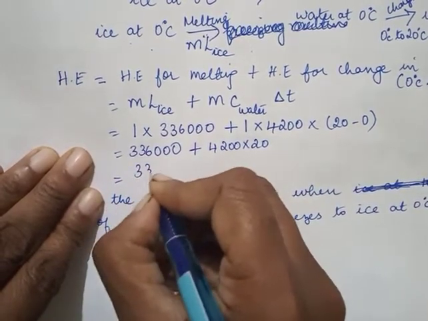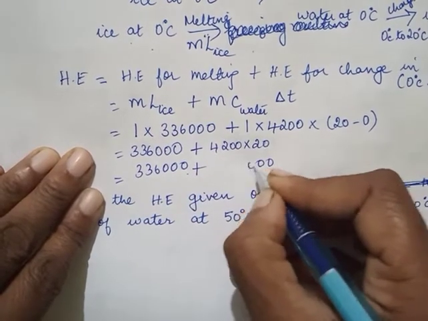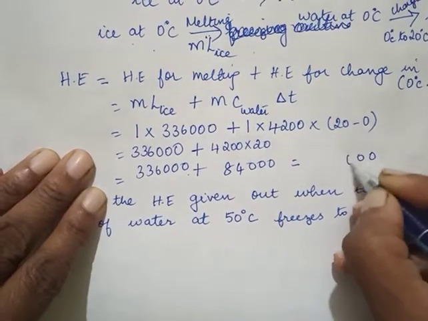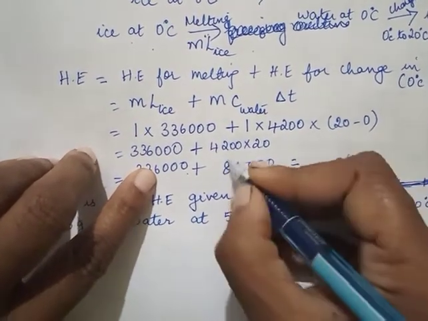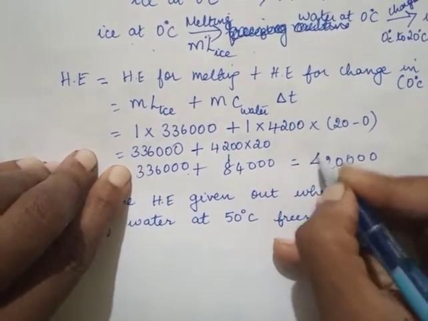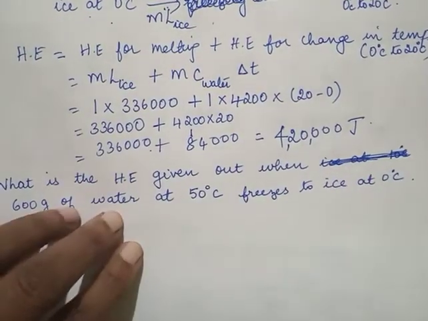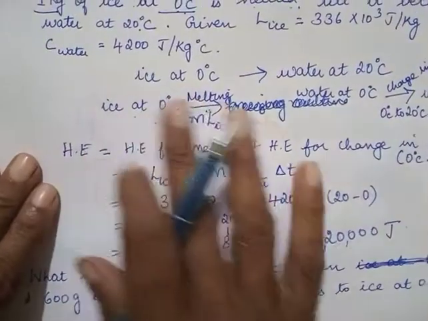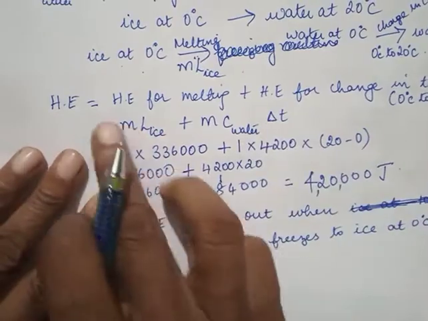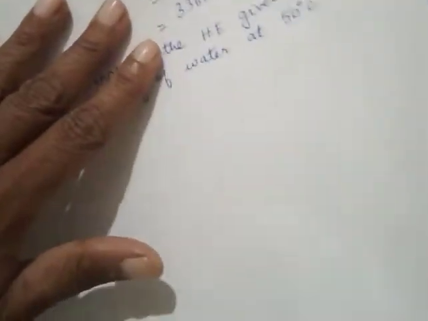That will be 336000 plus 84000, which is 4,20,000 joule is the answer. Hope you have understood this clearly. Okay, so this is how you calculate heat energy required for changing ice to water at 20 degrees Celsius.